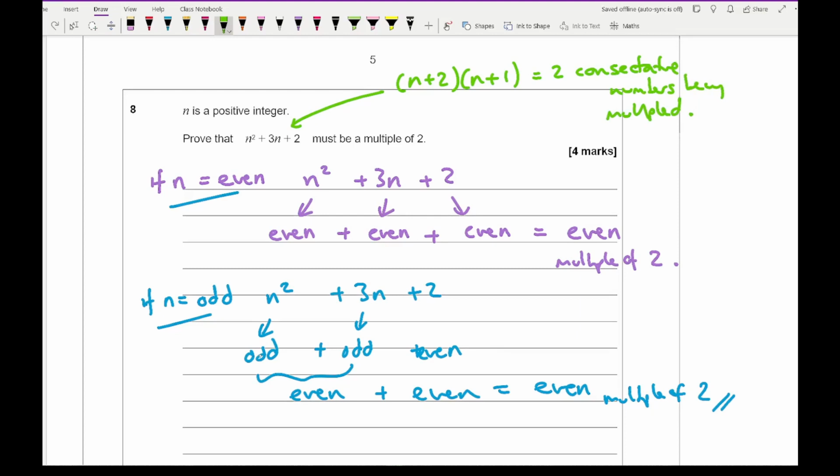Now when you've got two consecutive numbers, one must be even, because an even number is a multiple of 2. So again, that's another way of explaining this, and for full marks you really do need to show that for all values it's going to give you an even number. Unfortunately you will not get any marks if you substitute numbers in. You'd have to use algebraic terms to get the full marks for this particular question.